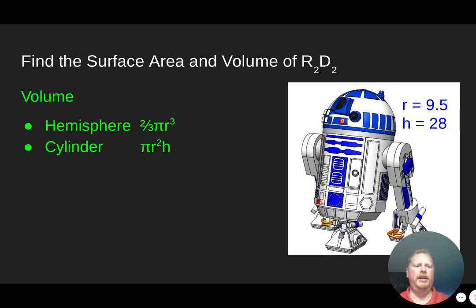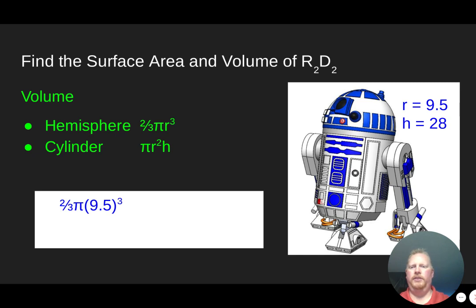So let's go ahead and plug in our numbers. So for the hemisphere, 2/3 pi times 9.5 cubed. That's 2/3 pi times 857.375. Multiply that by 2/3 and we get roughly 571.58 pi.